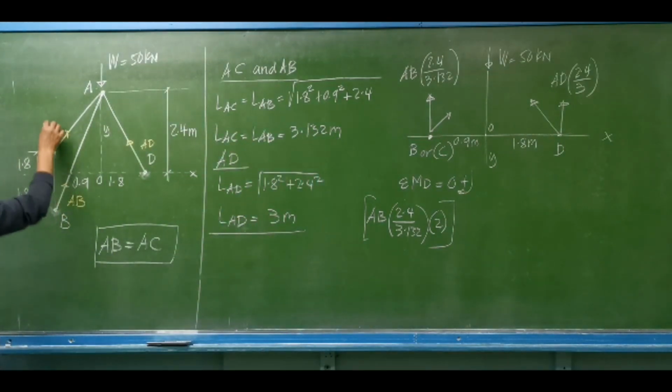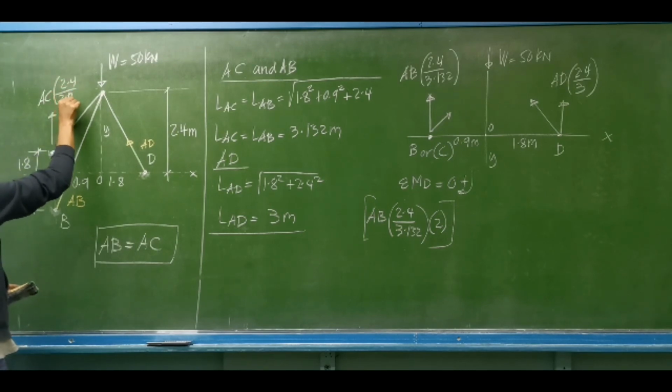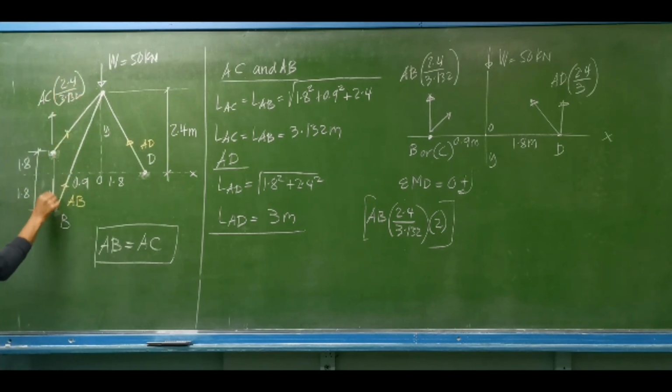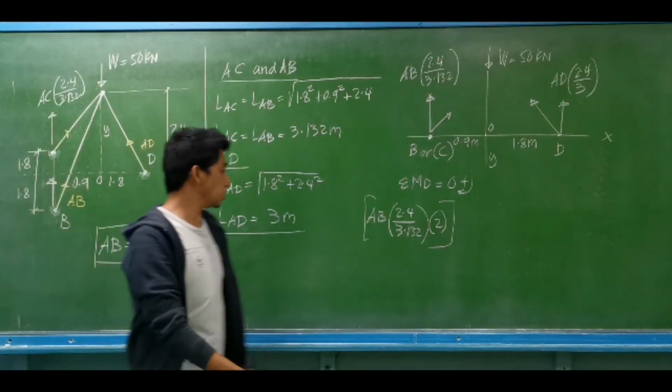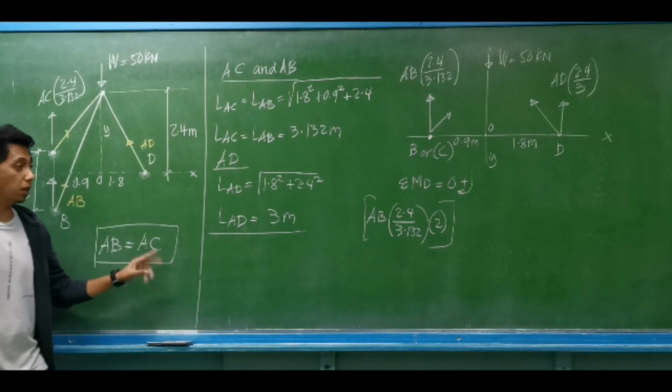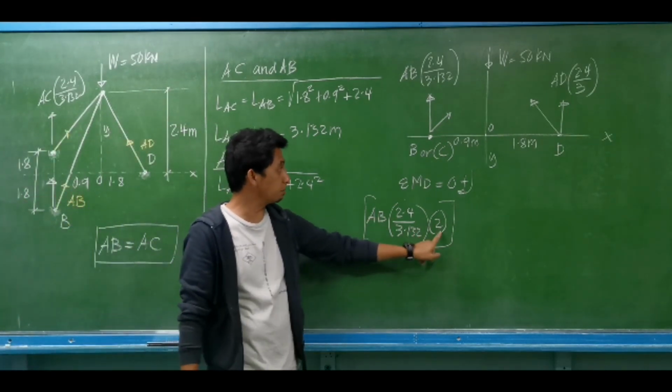That is the vertical component for AC, which is 2.4 divided by 3.132 meters, and the vertical component of AB, which is this one. But since they are equal, we are just using AB since it is the unknown. So we multiply it by 2.